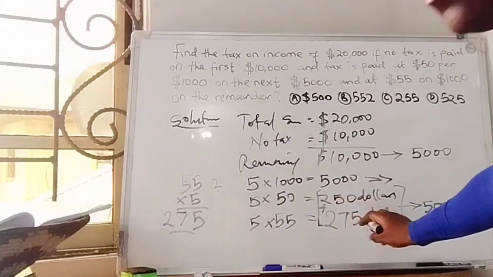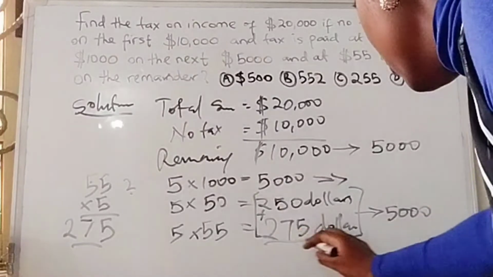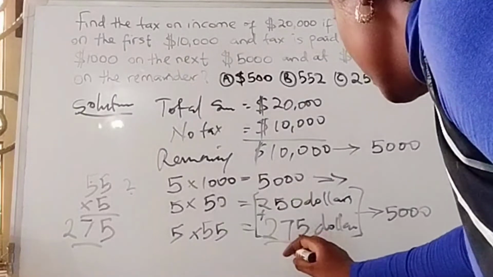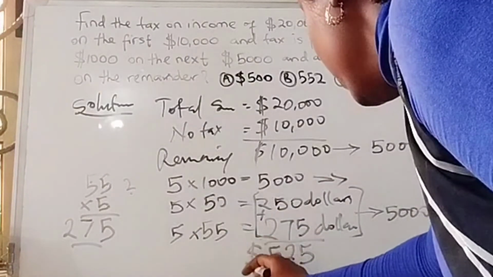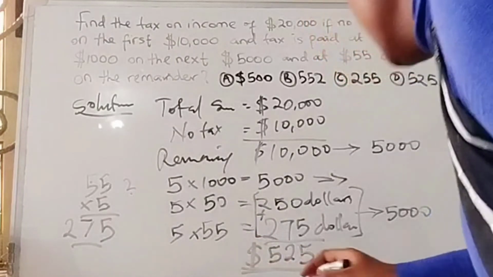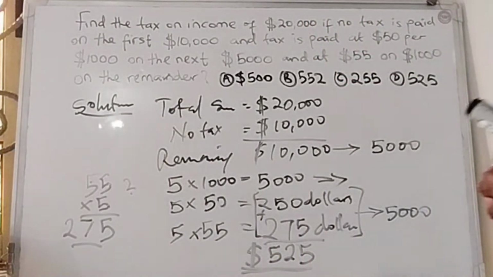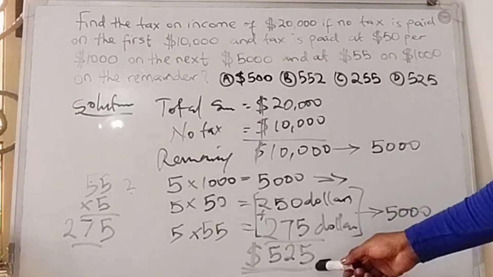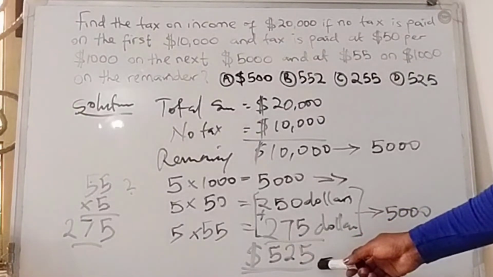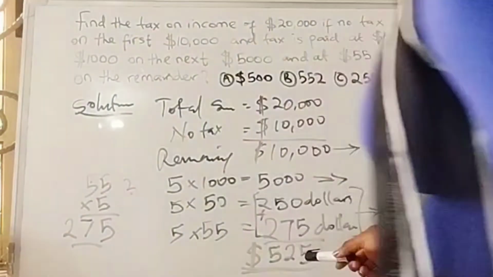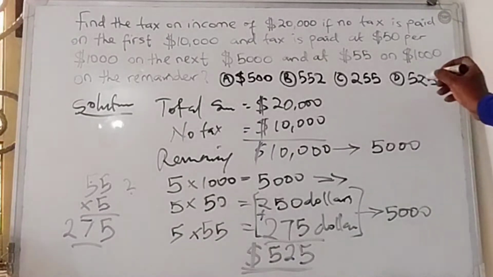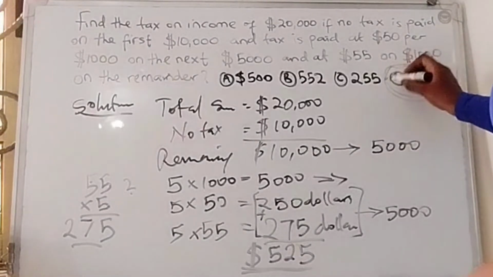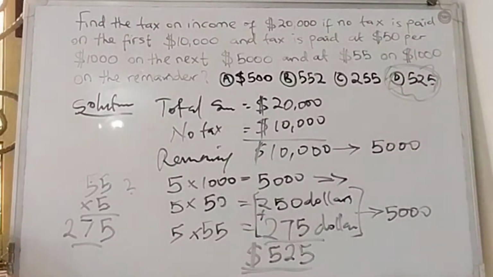So 250 plus 275 will give us what? 525. So the total amount of tax that was paid was $525. So what option do we find that? We find that in the D option. So our D option is correct.